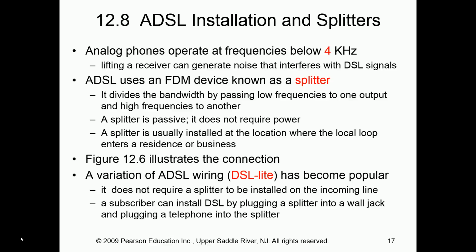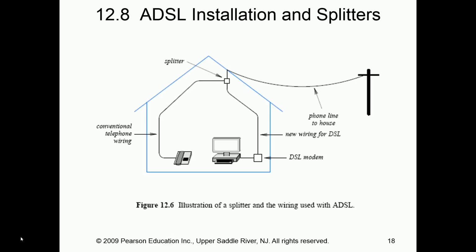How is ADSL installed? Because again, it does voice and, well, could do video, but it does voice and data at least. You have to have a device called a splitter. The splitter actually allows you to filter out traffic. Here is a great example. The splitter is on the inside of the house.